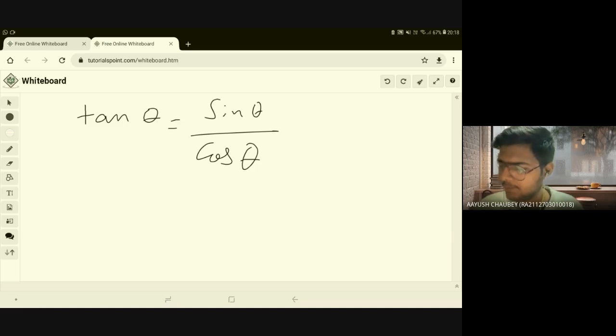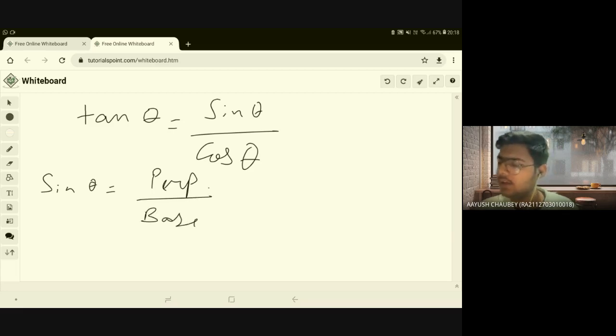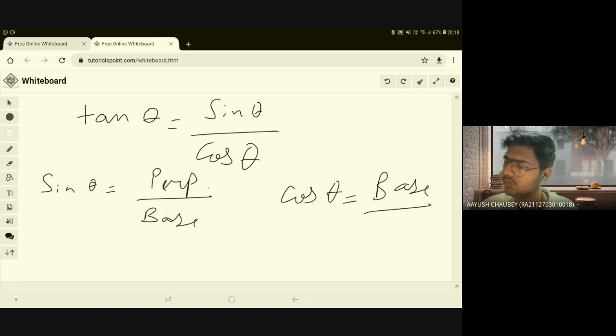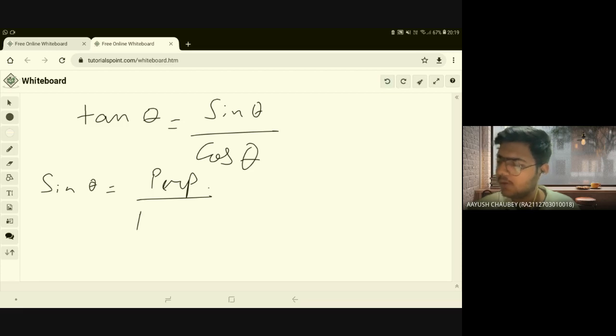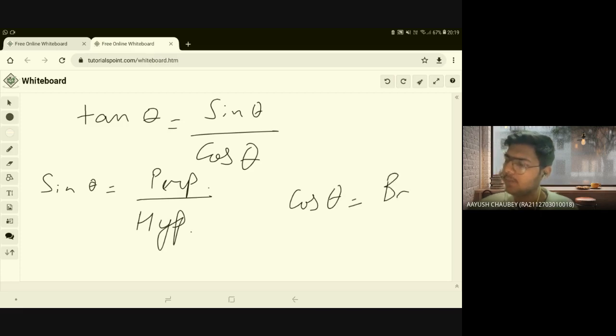Because sine theta is equal to perpendicular upon hypotenuse, and cos theta is equal to base upon hypotenuse.